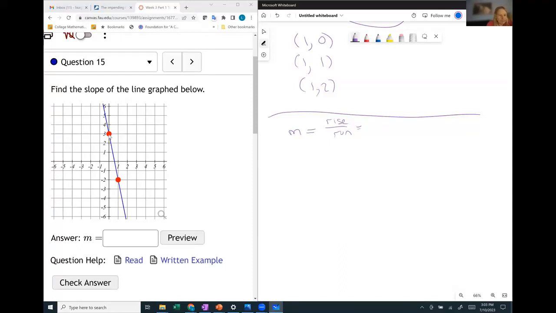I'll start here, go down 1, 2, 3, 4, 5. So that's negative 5. And then I go over 1. So the slope here is negative 5. That's really it.